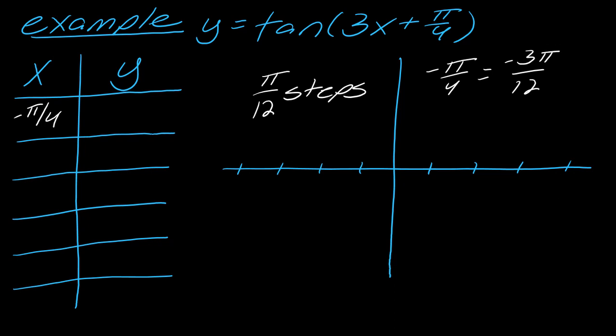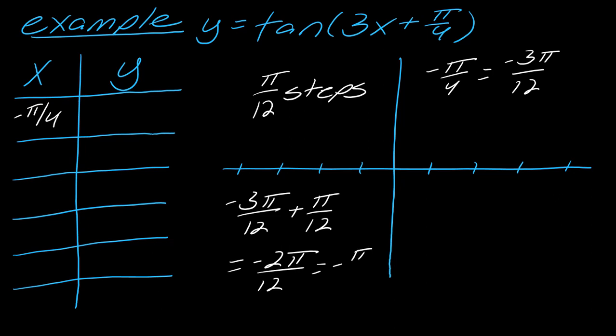So if I add pi over 12 to this, negative 3 pi over 12 plus pi over 12 becomes negative 2 pi over 12, so that's negative pi over 6. And then if I add another pi over 12, this will become negative pi over 12. If I add another pi over 12, that'll be 0.